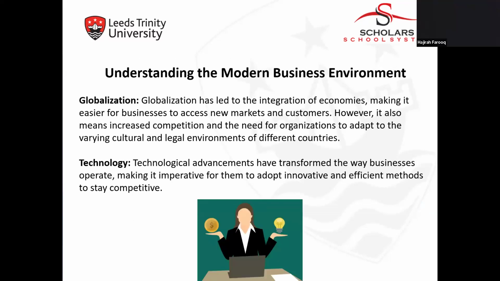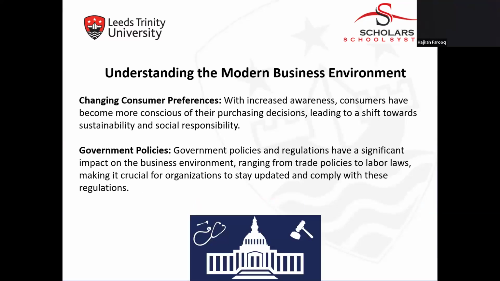And then we tried to understand the modern business environment. So we discussed that there's globalization going on, and then the technology is rapidly evolving, and the preferences of the consumer is changing very rapidly.